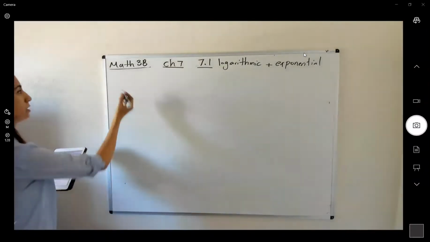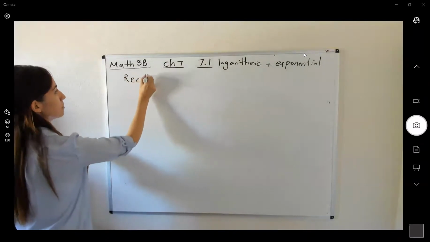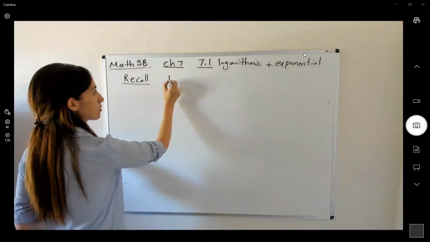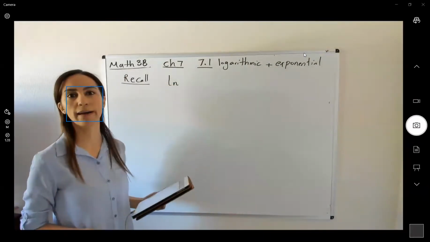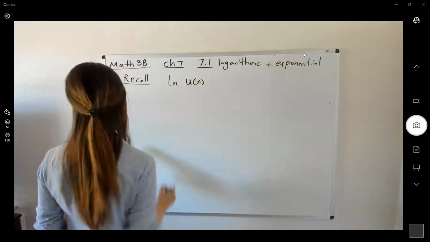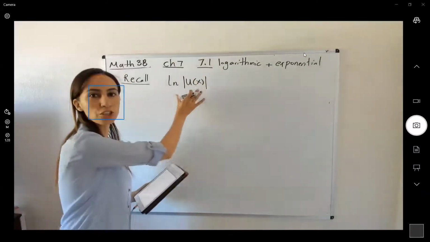So first of all, recall that for the ln function, if you have ln of any function like u of x, make sure your function is positive.